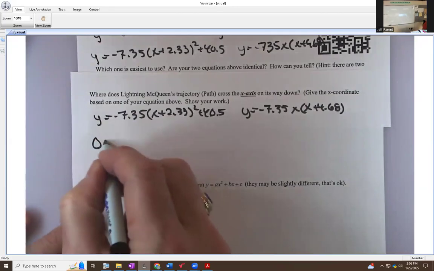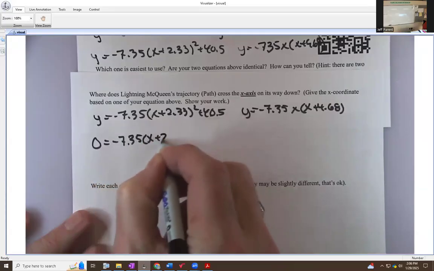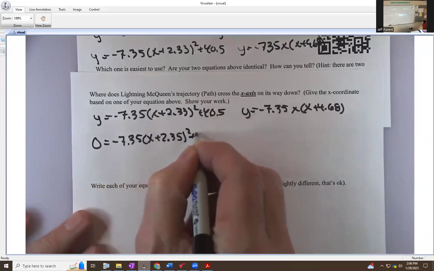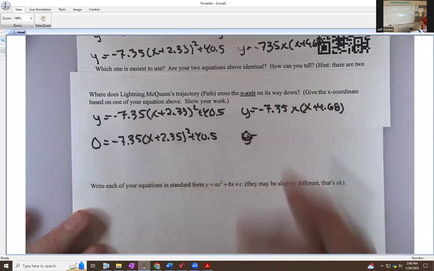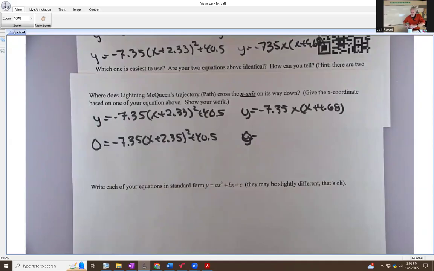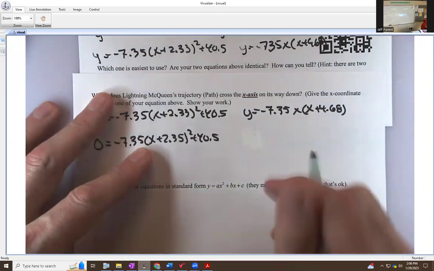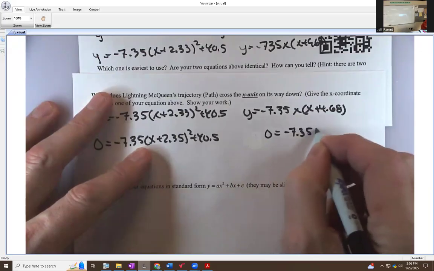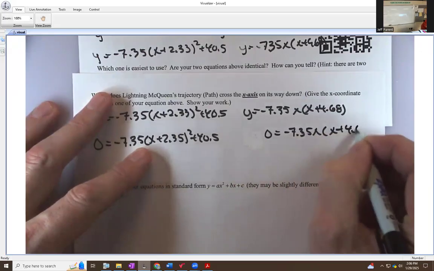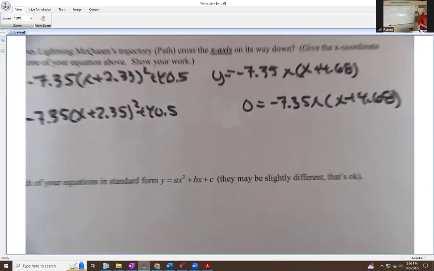0. So you can either solve this one, negative 7.35 times (x plus 2.35) squared plus 40.5, or you could solve this one. Actually, this should be a 0 here. Let's clean that up a little bit. There we go: 0 equals negative 7.35 times x times (x plus 4.68). Which one do you think is going to be easier to solve?